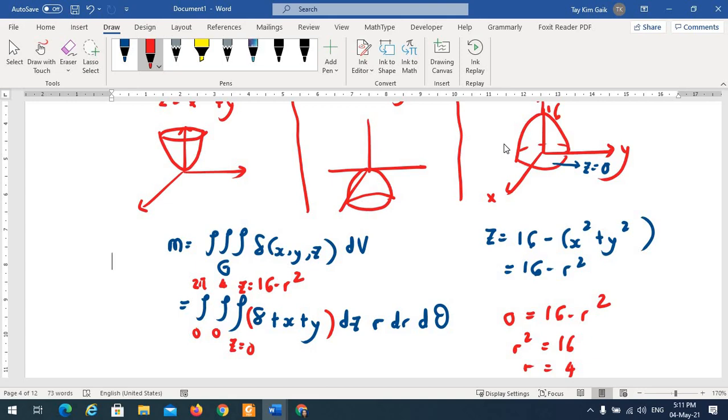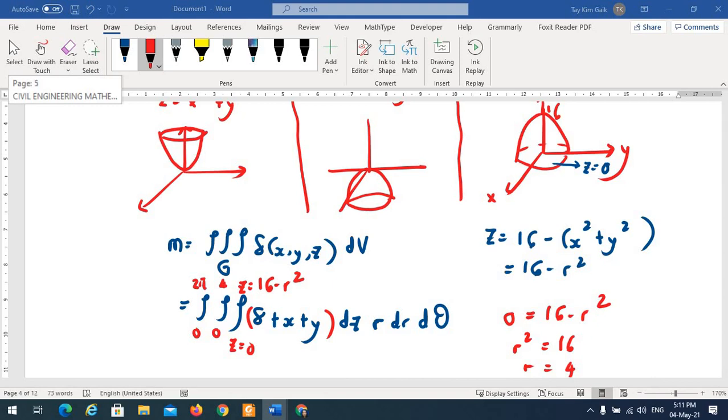So the first octant is the portion where x positive, y positive, z positive. If the question said this is in the first octant, then your circle is actually in the first quadrant only, so theta will be 0 to pi over 2. However, in this case they didn't mention it, so it's a full circle, theta from 0 to 2 pi.